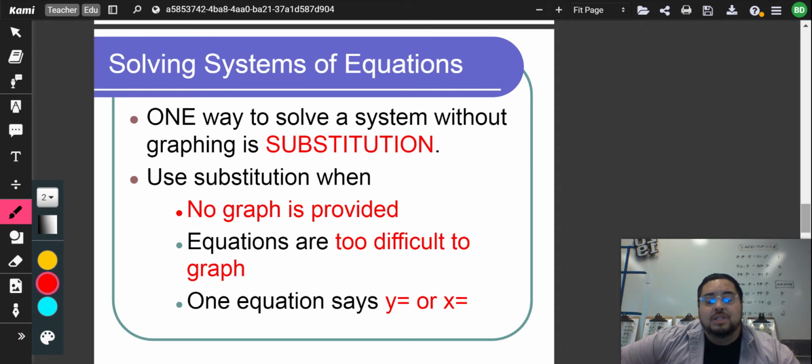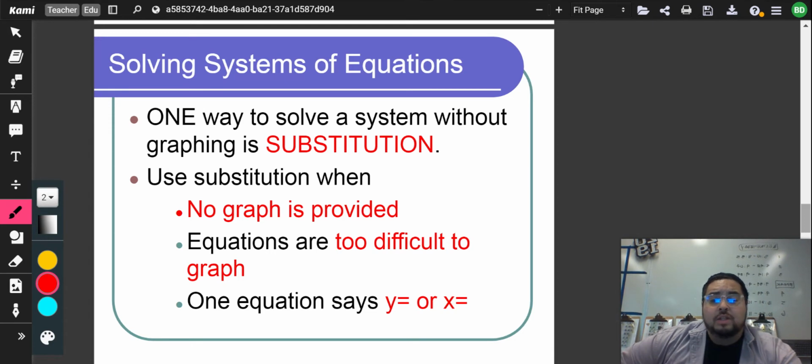So usually substitution is used when you don't want to manipulate the equations so that you get slope-intercept form. Okay? Very easy to use substitution, in particular when one of the equations either says y equals or x equals.